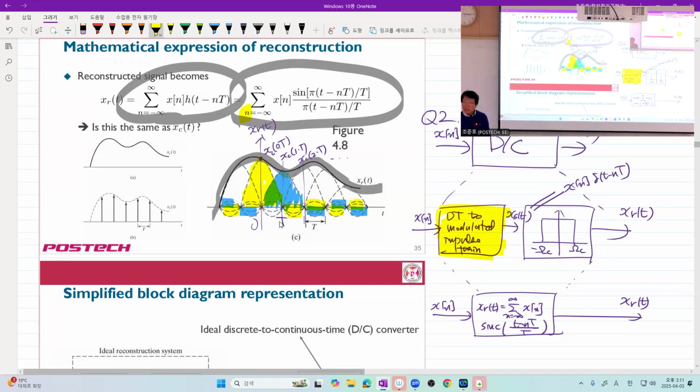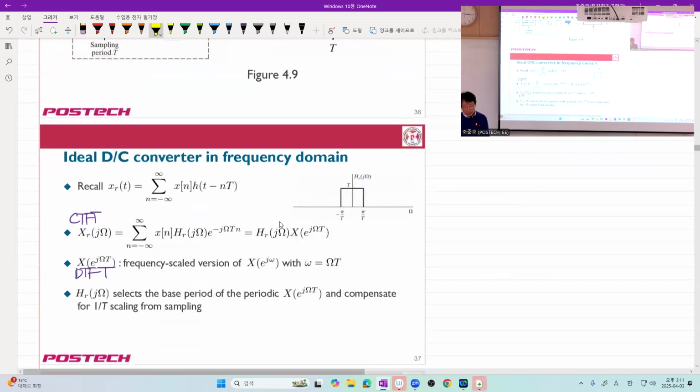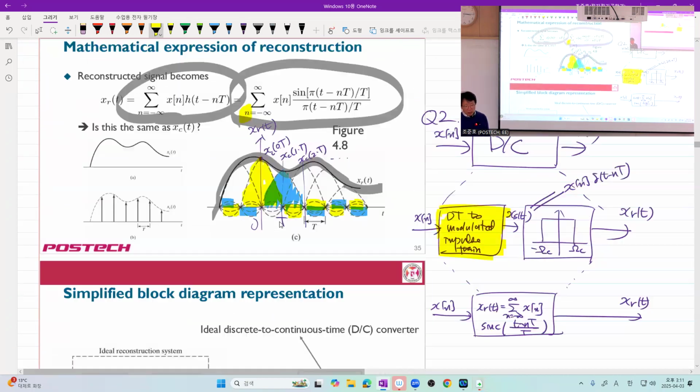Actually, the circuit engineers have noticed that, hey, Professor Cho, in the real world, we are not handling a sequence. We are handling what? A continuous time signal.